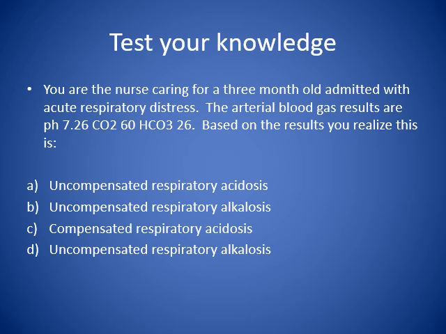Based on the results, you realize this is A, uncompensated respiratory acidosis, B, uncompensated respiratory alkalosis, C, compensated respiratory acidosis, D, uncompensated respiratory alkalosis. You can pause me if you need to think about it for a minute. I'm going to go on.